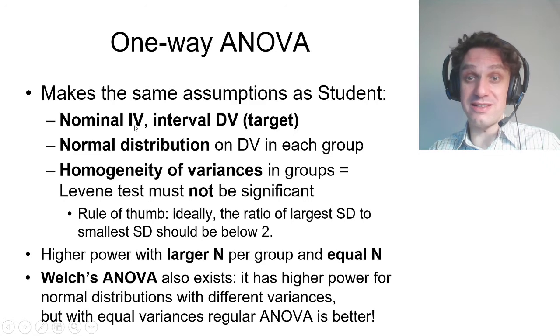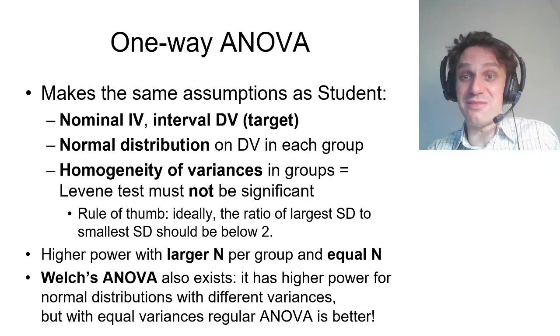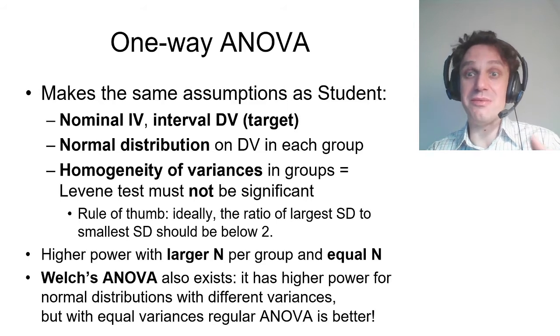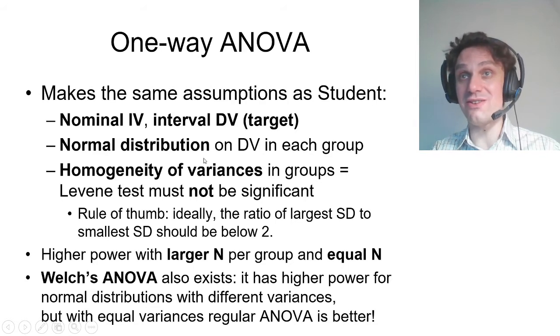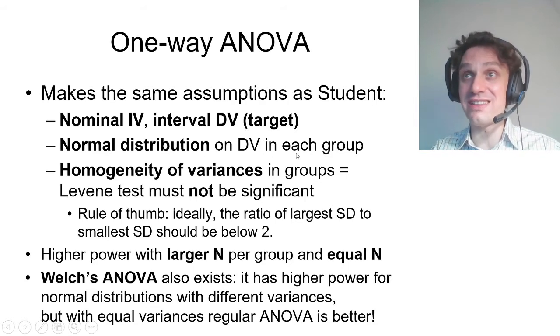Because in an experiment it used to be a causal independent variable, but of course when we apply ANOVA we don't make any assumptions about causality. However, the assumptions that we make concern normal distribution on the variable which you're comparing in each of the groups that you're comparing. And also homogeneity of variances.